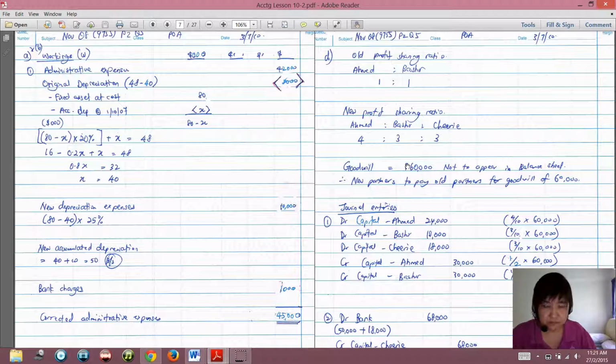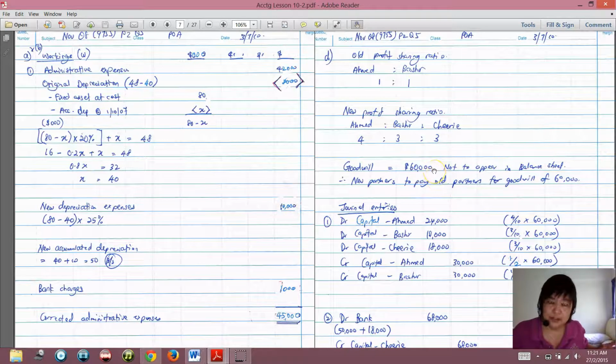And they have decided that the value of the goodwill, which includes things like company reputation, regular and loyal customers, good relationship with suppliers, and so forth, they have valued this to be 60,000.